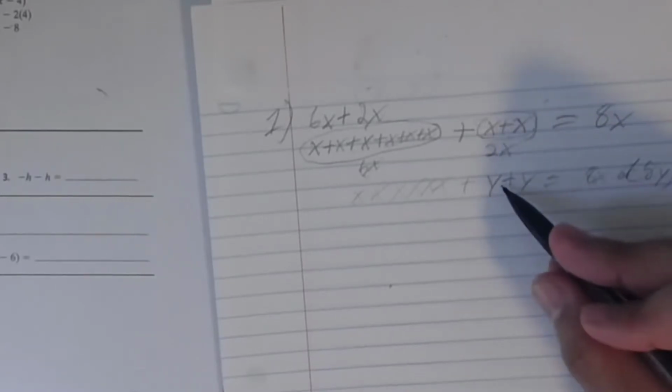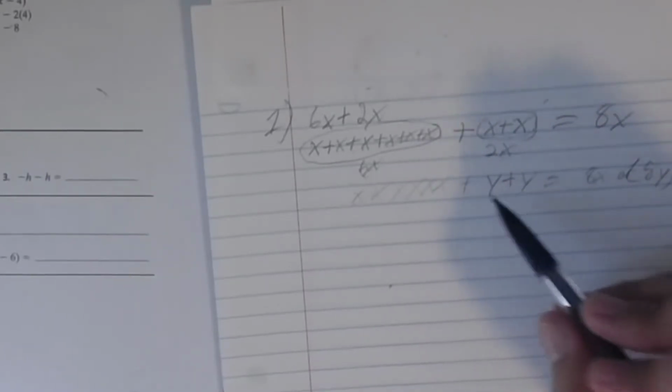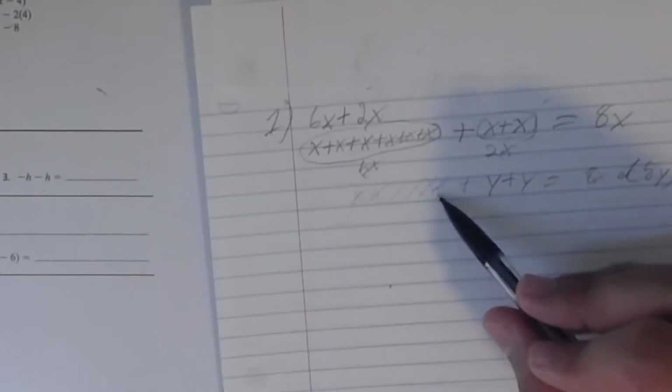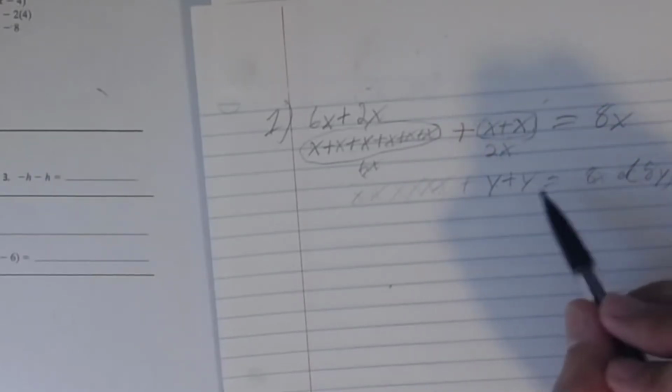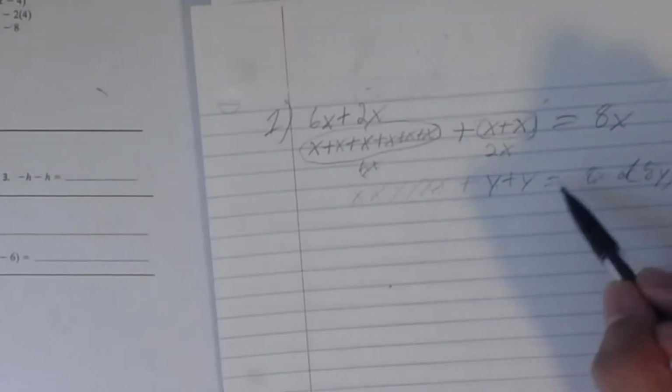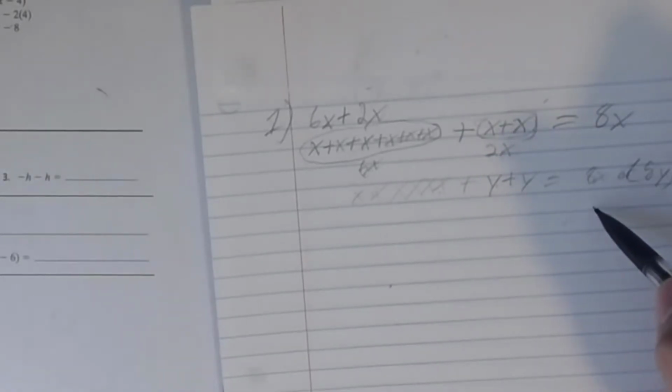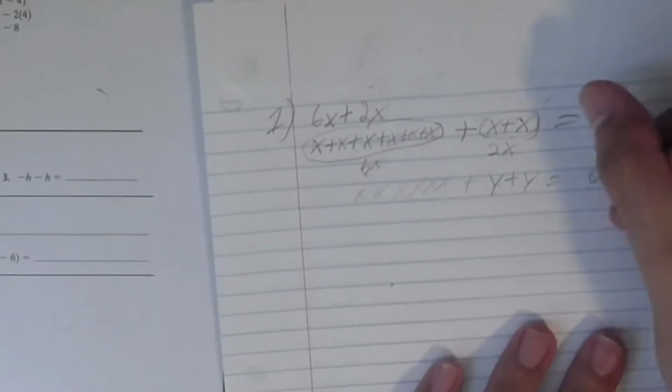It does not work. You can only combine things that are the same thing. X and y are not necessarily the same thing. Unless you say that x and y are equal to each other, then you can do that. But you can't just assume that they're the same. That's a little comment.